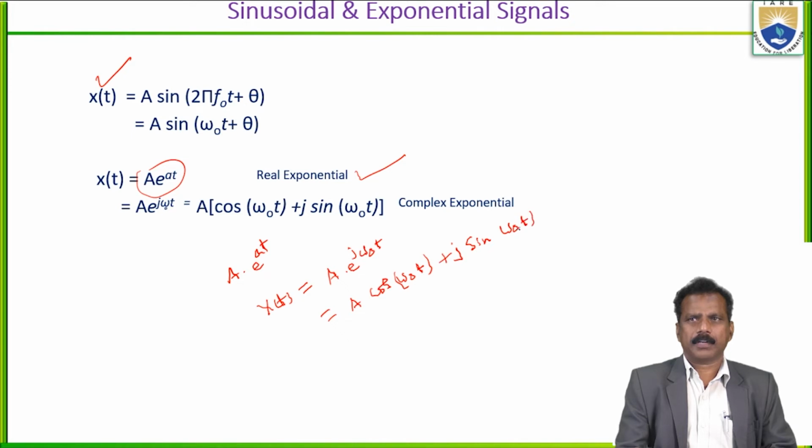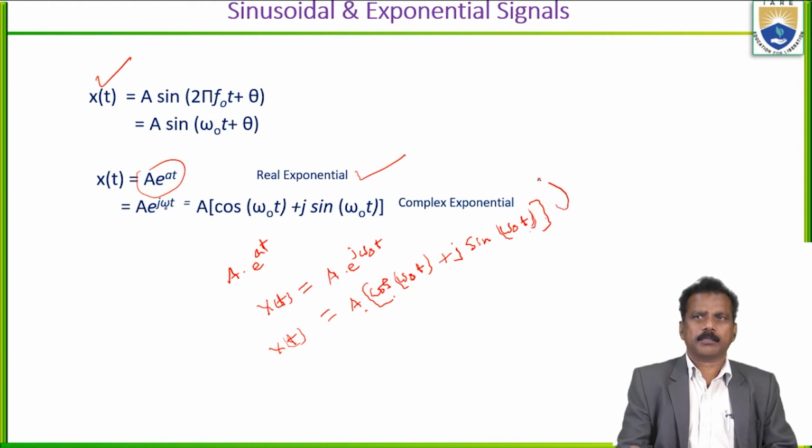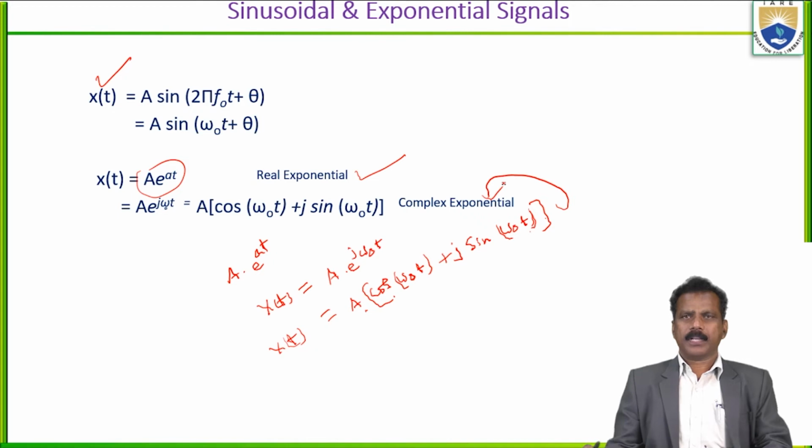Here x of t is the continuous time signal, A cos omega naught t plus j sine omega naught t, which is nothing but the complex exponential.